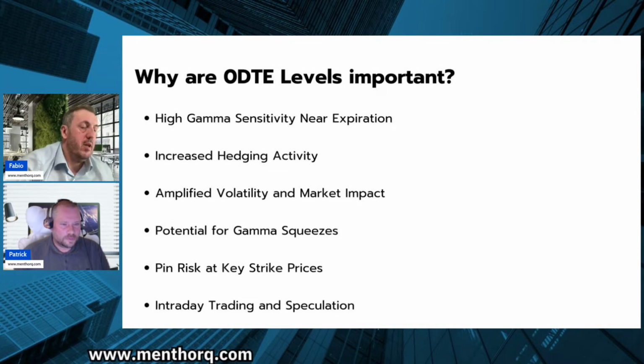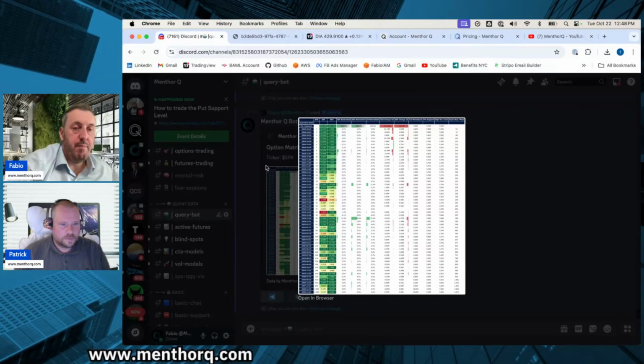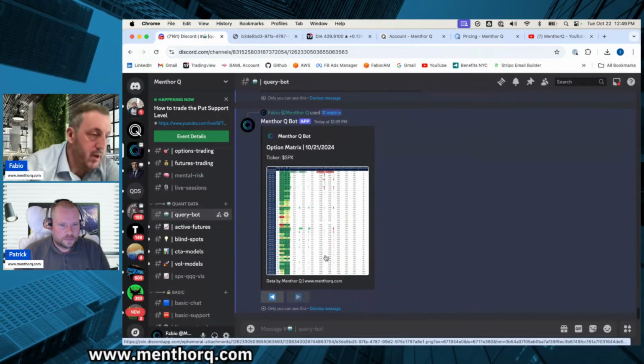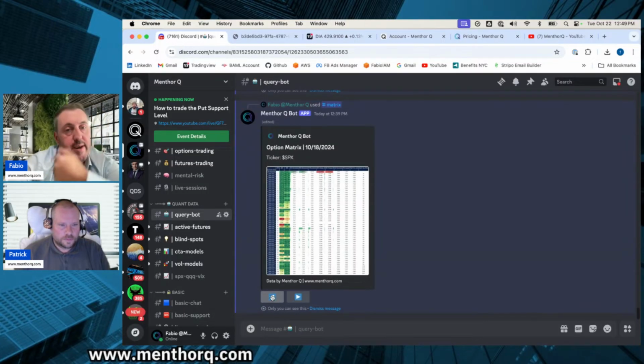But basically, if we go back to our platform, I think the most important part is really looking at the change over a few days. So if you look at the matrix right now, we can always go back in time and see how things have changed. What you want to monitor is, is the gamma flipping from positive to negative? Is the put support going up or down?